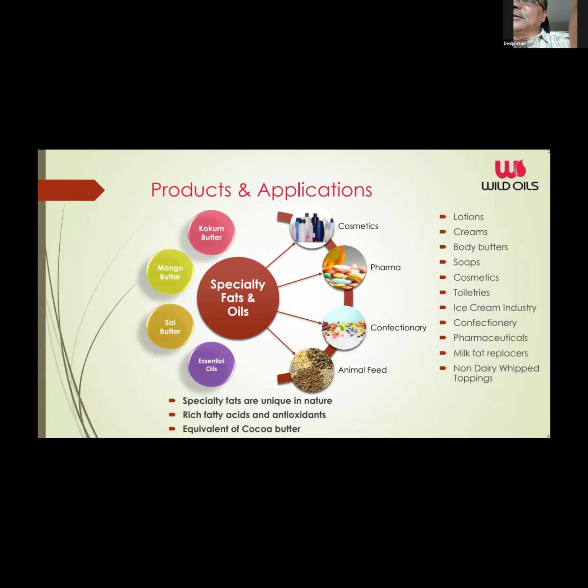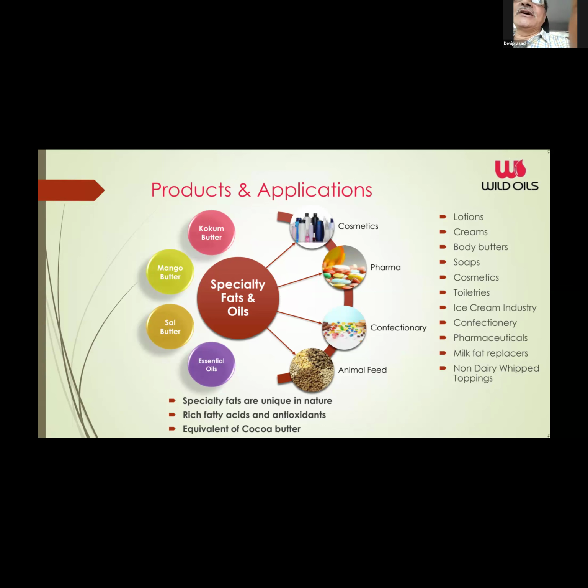Shea goes into CBE, CBS, like the other seeds. So basically all these specialty fats are used in almost every product we use from morning up to sleep at night.